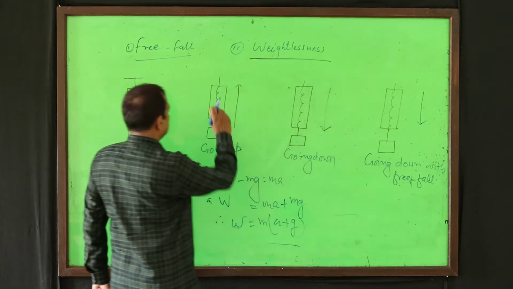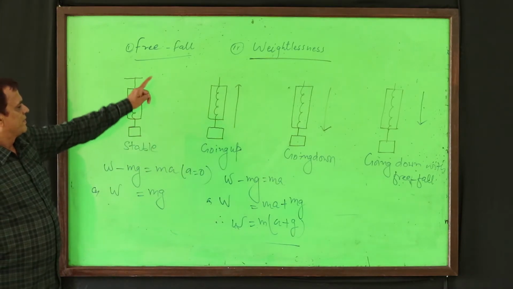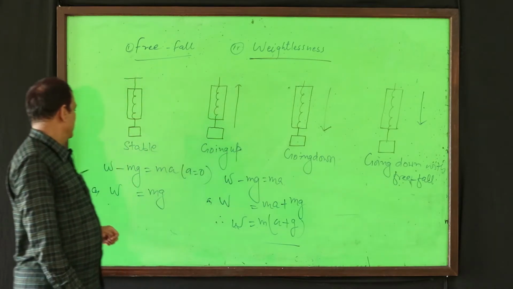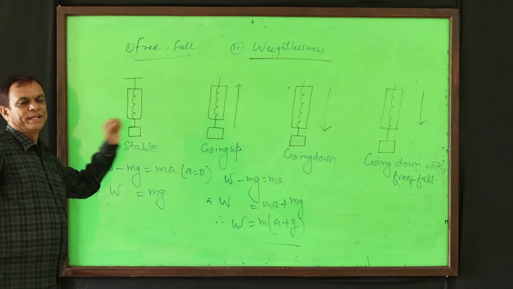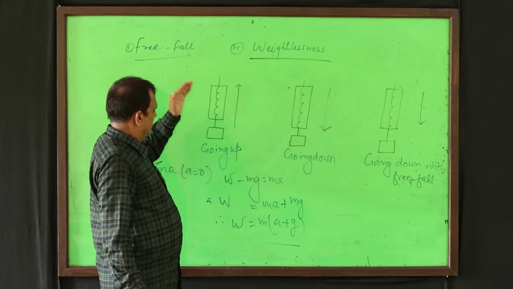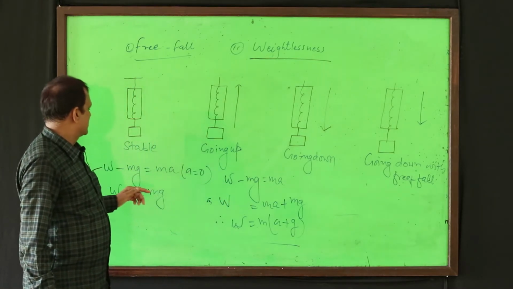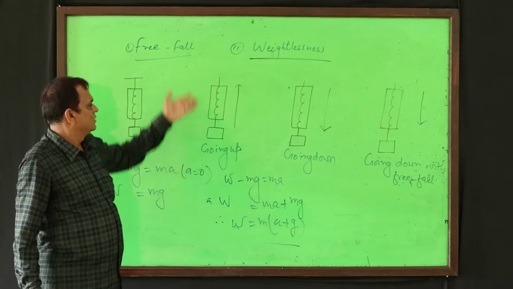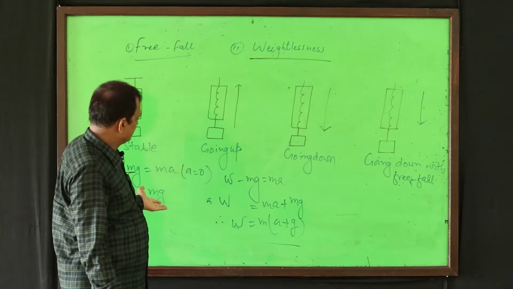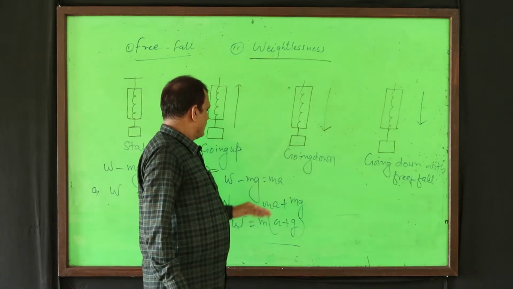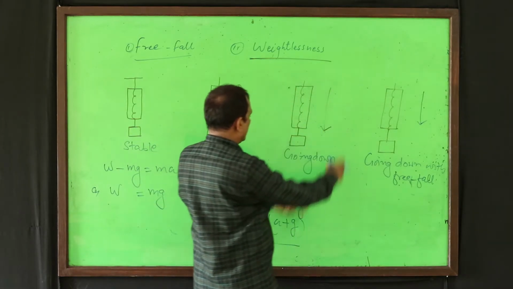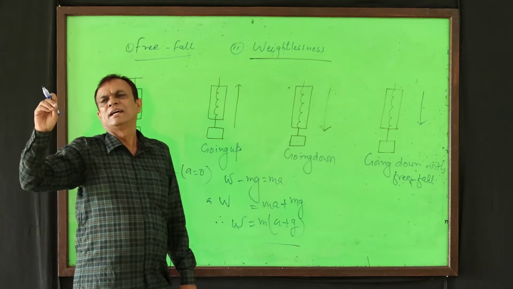It means this time the spring shows the apparent weight of the body, more than its actual weight. When the body goes in the upward direction, the weight of the body becomes more than the actual weight.